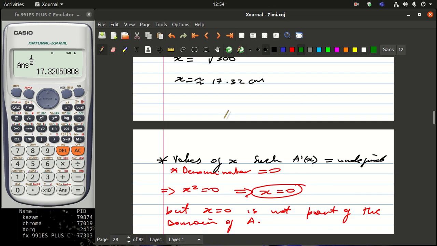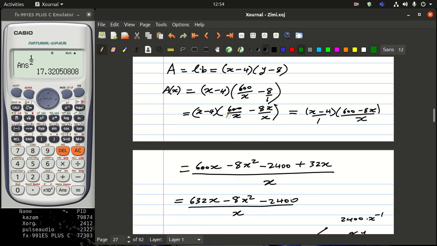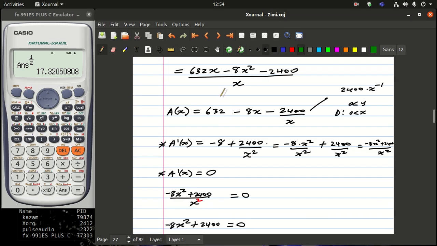So if you look at our formula here, our area formula was this thing here.